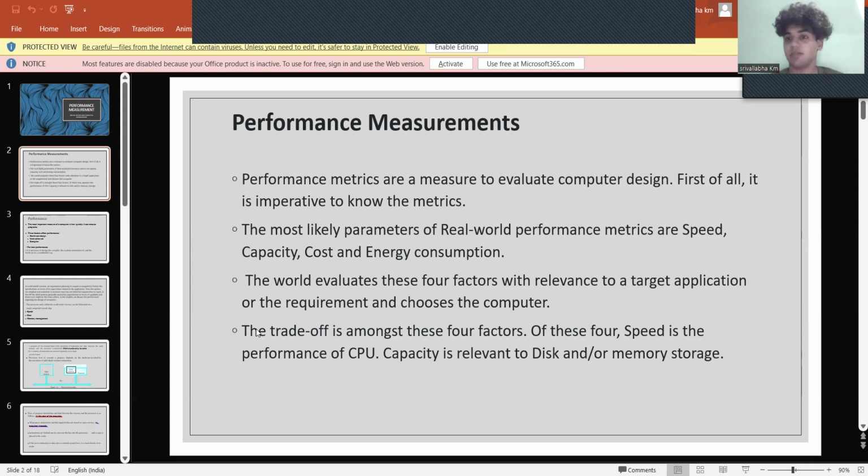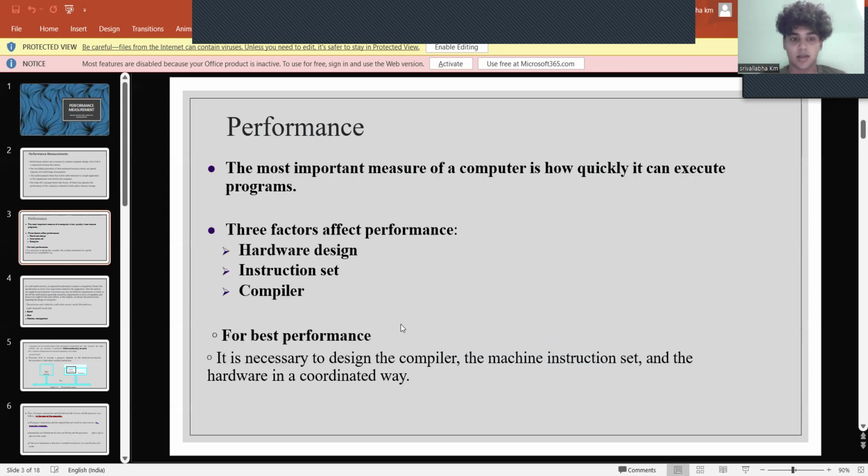If the CPU performance is faster, the faster any task will be completed or the process will be executed. Capacity is relevant to disk and memory storage, and the speed is the main factor for the performance of the CPU. Now let's move to the next slide.